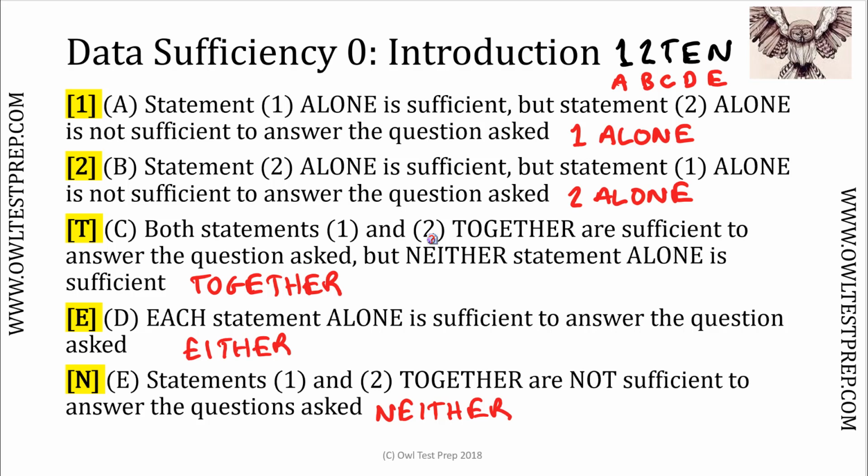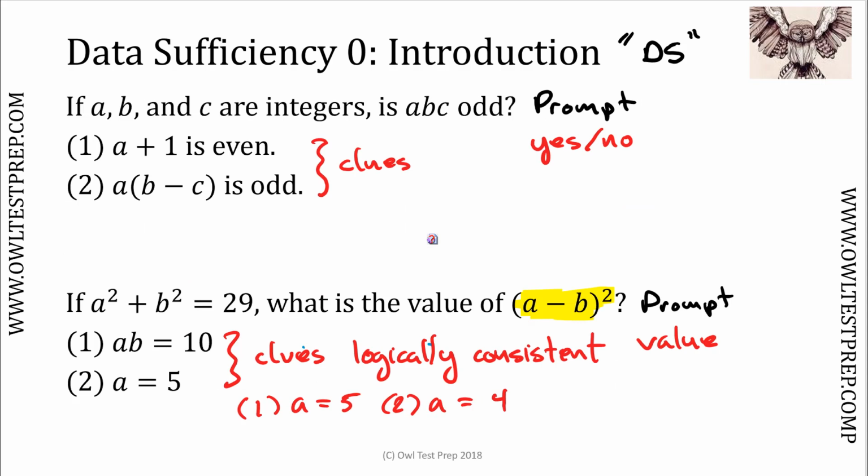All right. So like I said, at the end of the video, I would go back and talk about the questions in particular and give you some answers. So it turns out that in the first question, the answer is B. And in the second question, the answer is A. So in the first question, the yes-no question, number 1 is not sufficient to answer the question.